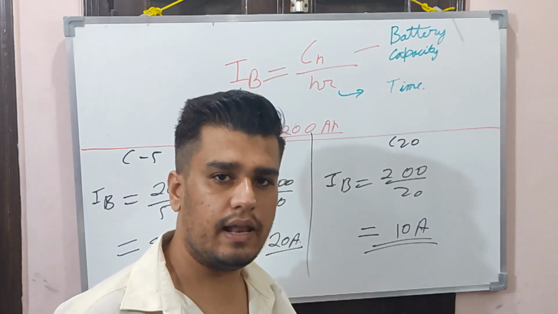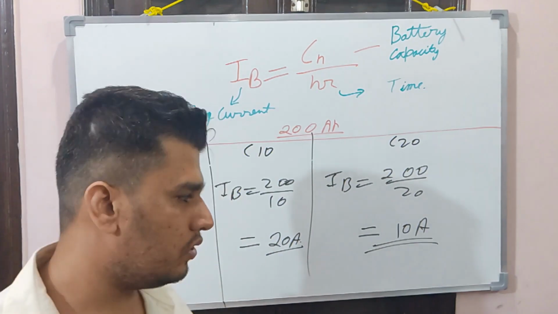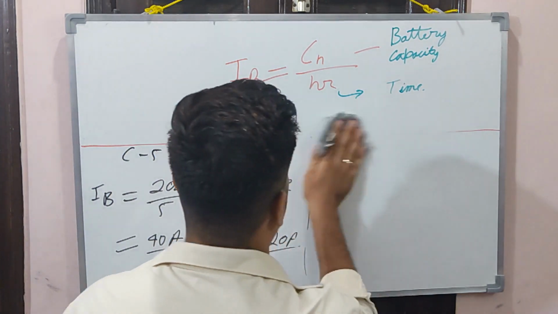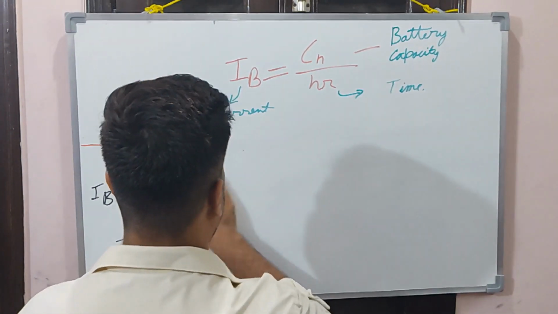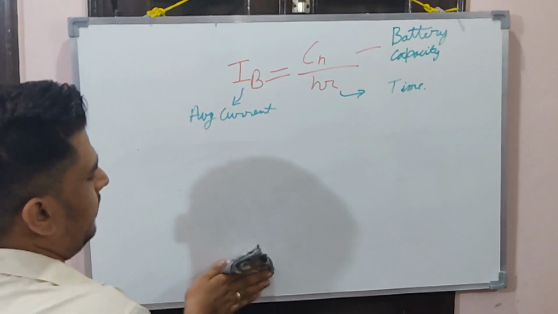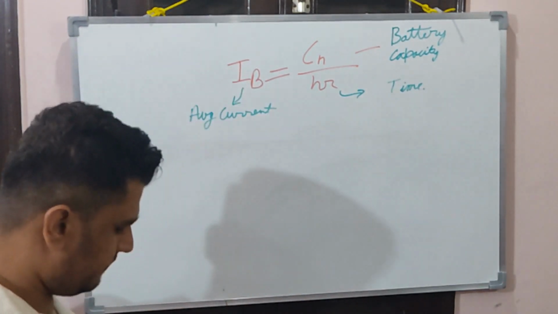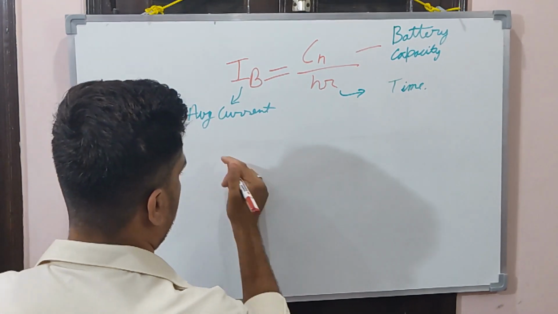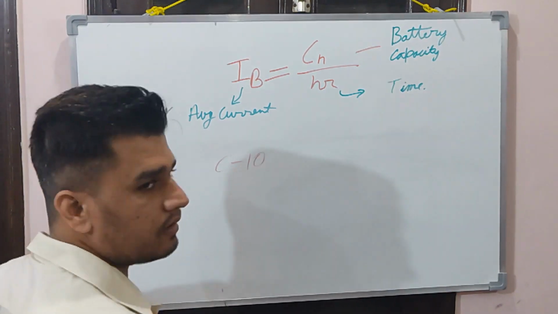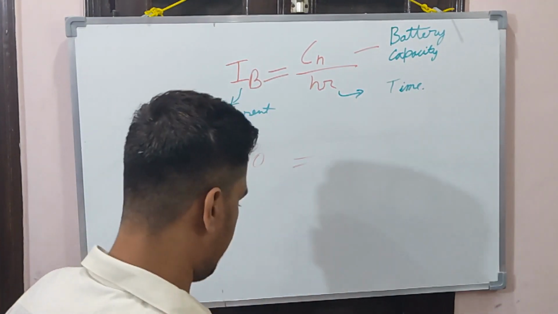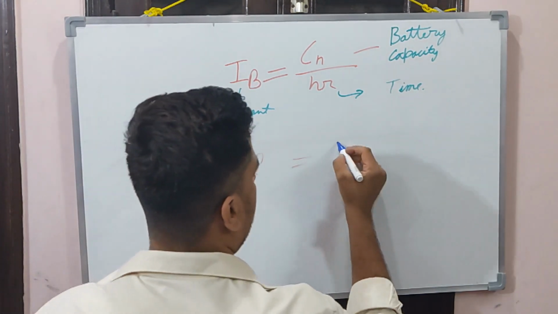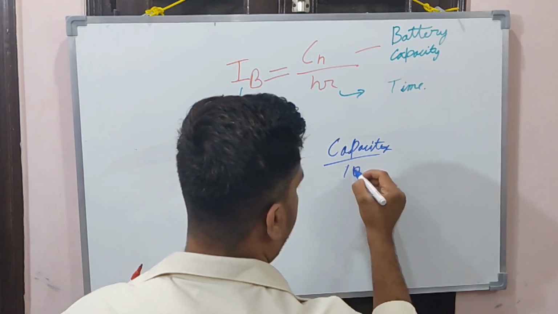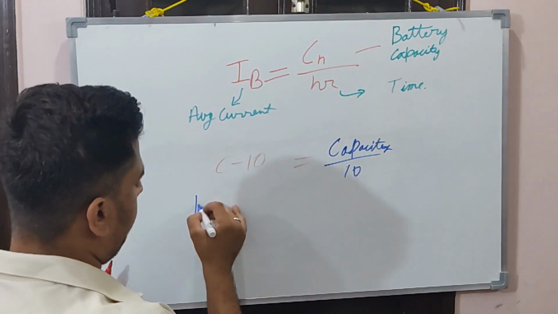One thing I want to say is that most of the time the representation also changes. Sometimes you might have seen that if it is C10, you divide the capacity by 10. But what if I write 10C?